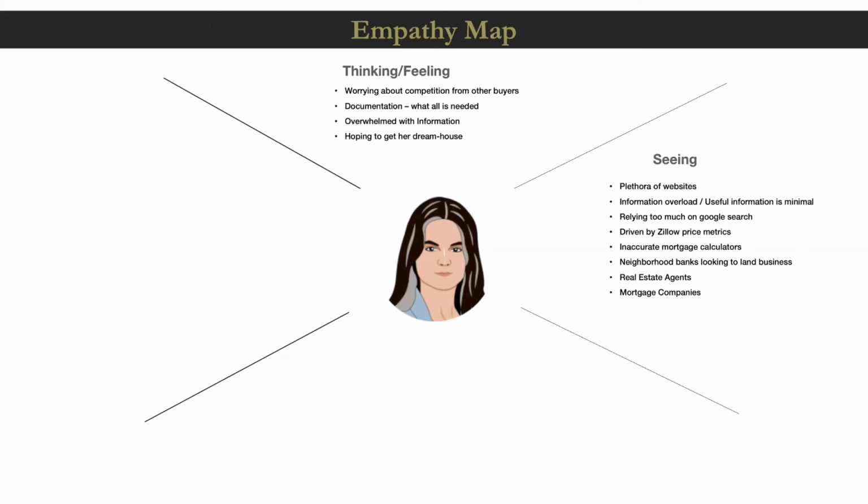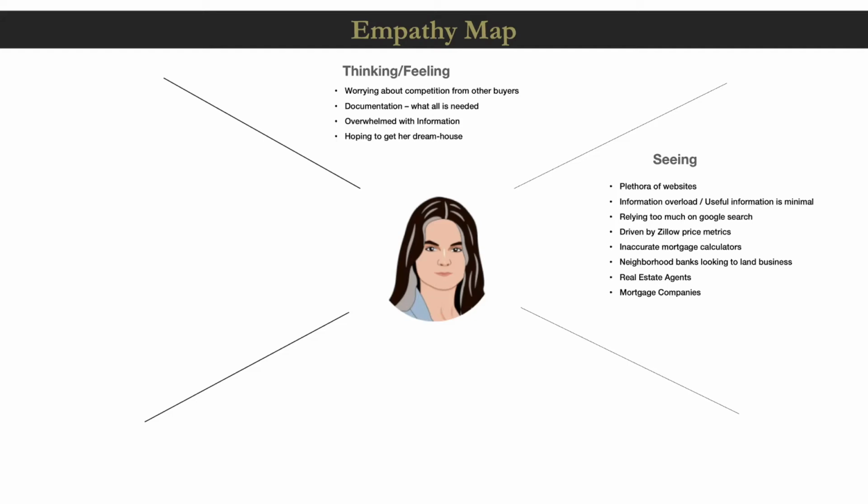In addition, what is Emma seeing outside? What is she seeing around her? There's too much information for sure, and driven by Zillow price metrics, right? Zillow has made it so easy just to type in an address and see all available history. Inaccurate mortgage calculators, right? You're a newbie, you're trying to work the numbers.